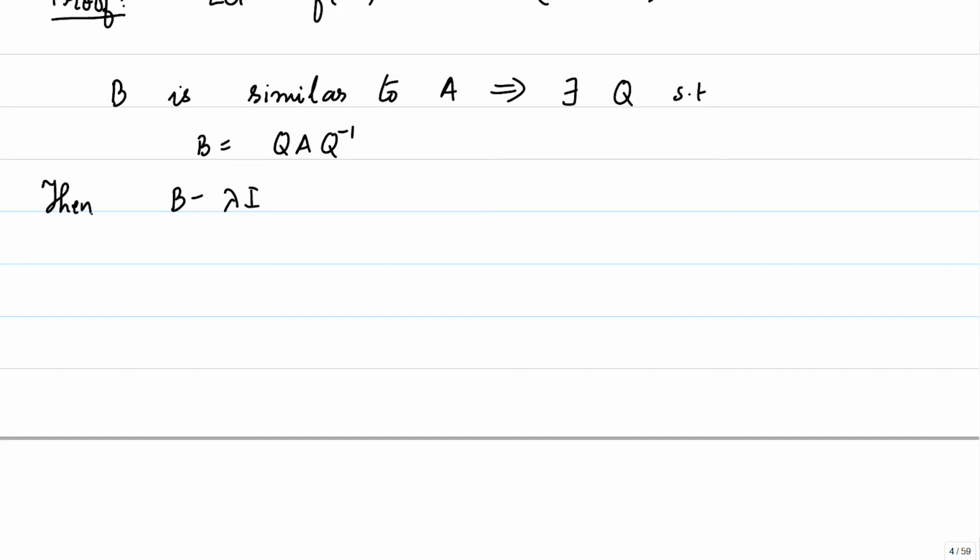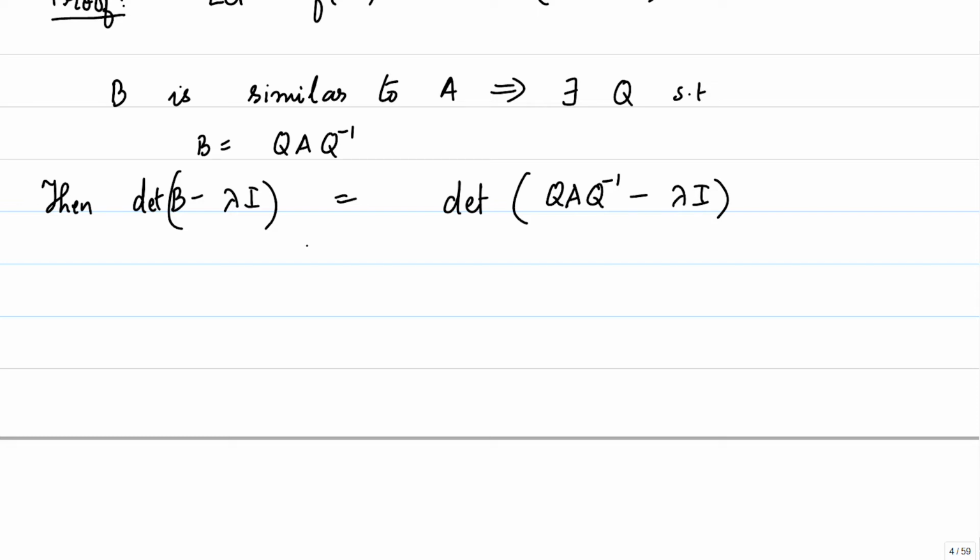Then the determinant of B minus lambda I is in particular the determinant of the matrix QAQ inverse minus lambda I. But notice that lambda I is just a scalar multiple of the identity. In particular, you should sit down and check that it commutes with every matrix.